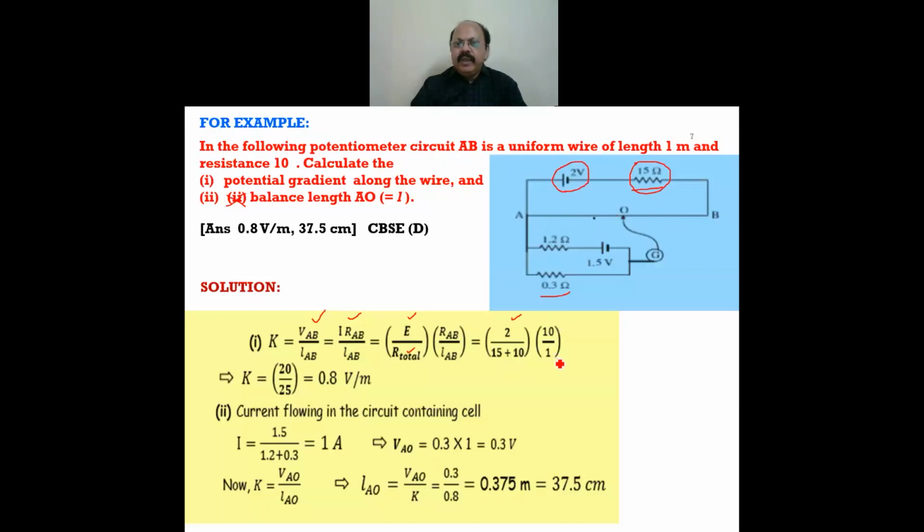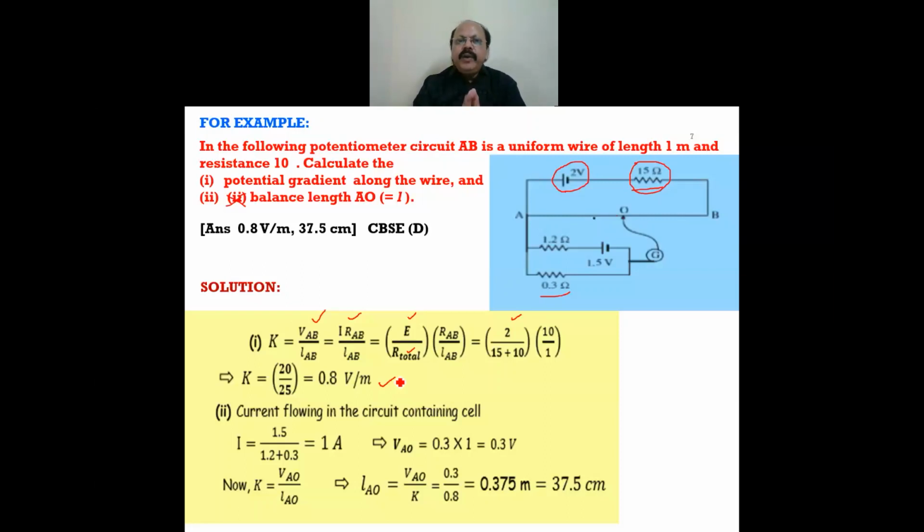When you solve it, you will get K equal to 20 upon 25, that is 2 into 10 is 20, 15 plus 10 is 25, into 1. When you divide it, you will get 0.8 volt per meter. So this is the potential gradient.